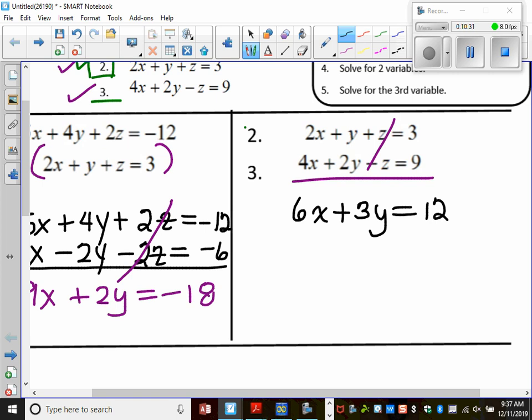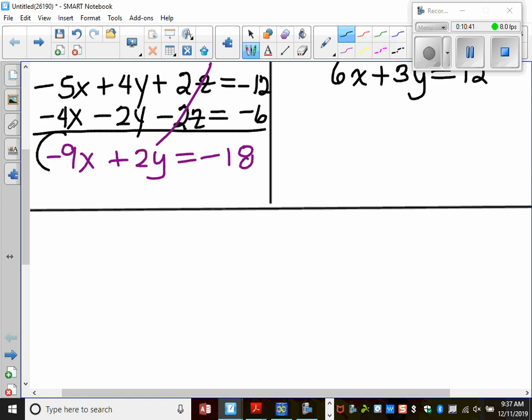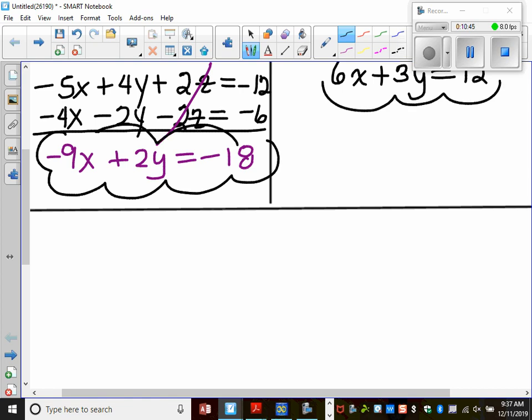So step 3 says, now take your two answers that you have and create another system. Okay, so what I'm going to do now is take this one and this one and create another system.